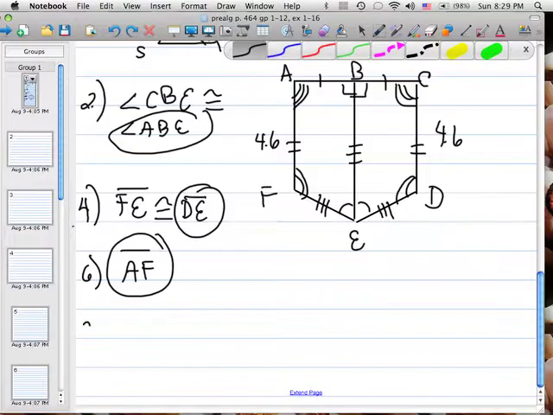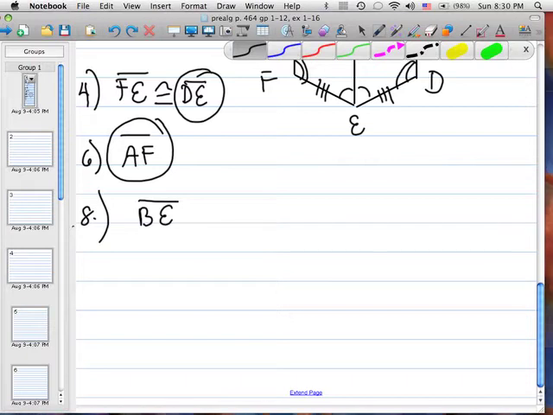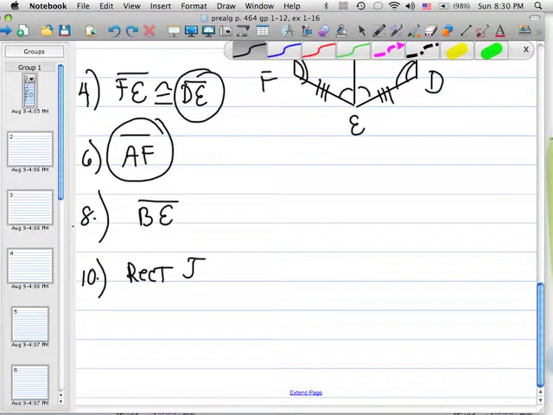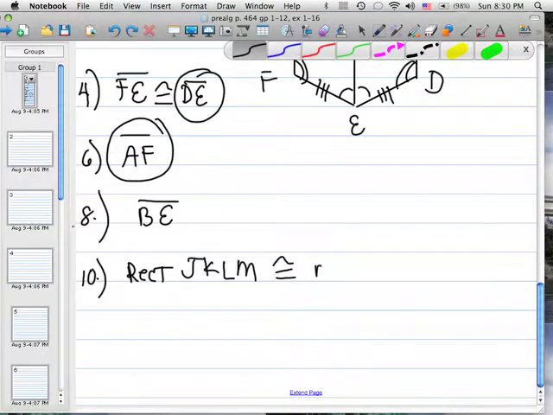And number 8, which line segment forms the side of both quadrilaterals? Well, it would have to be the one shared, line segment BE. Problem number 10, rectangle JKLM is congruent to rectangle WXYZ. List all segments that are congruent to MJ.